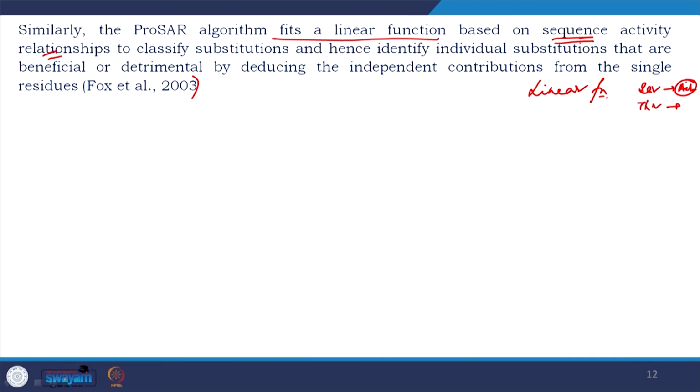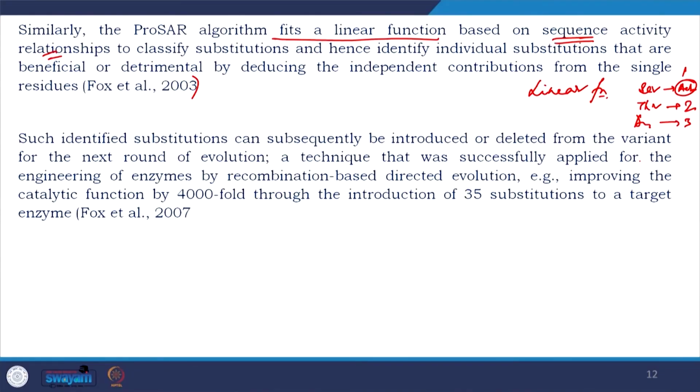So, this number, like if activity is 1, there should be 2, arginine it could be 3, in that way. So, you keep replacing and you score them, if it is better you go for them, that is the simple hypothesis. So you get improved versions and you get the combination of the improved data set.